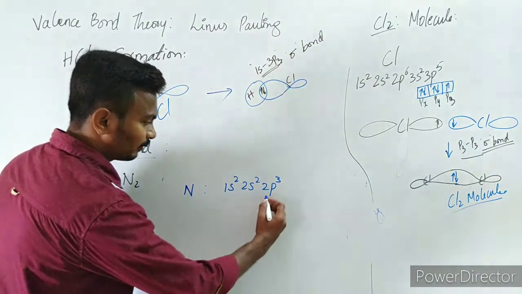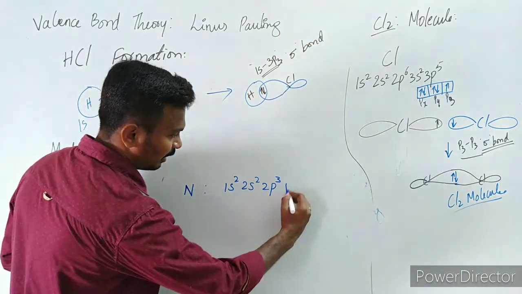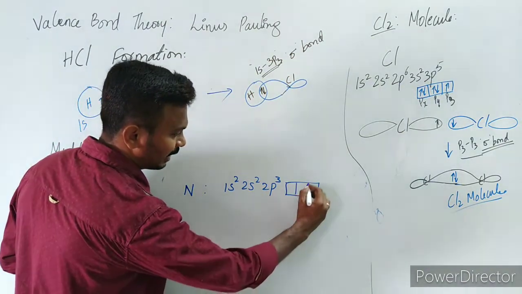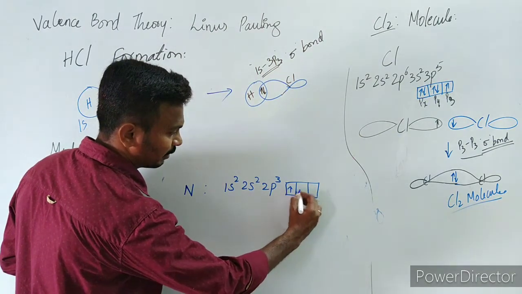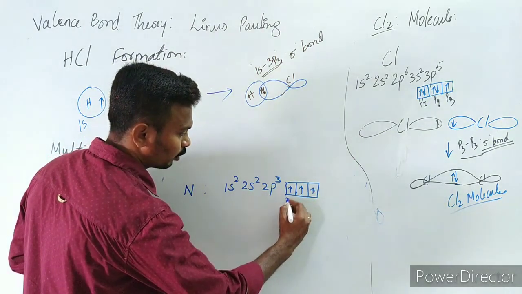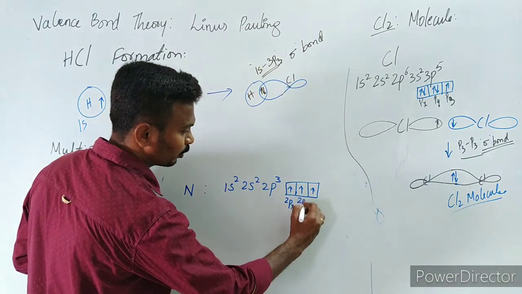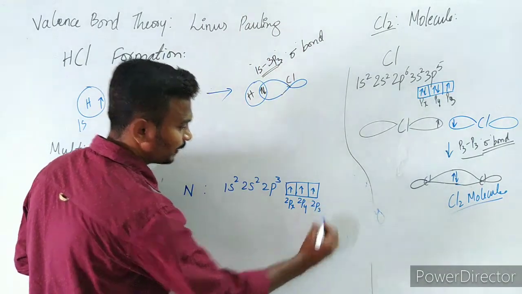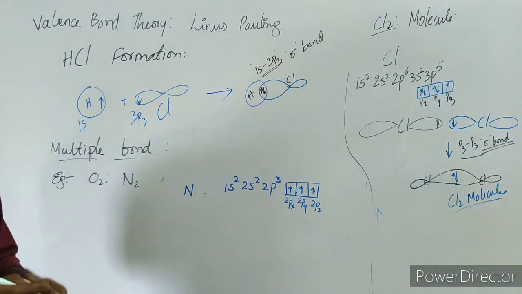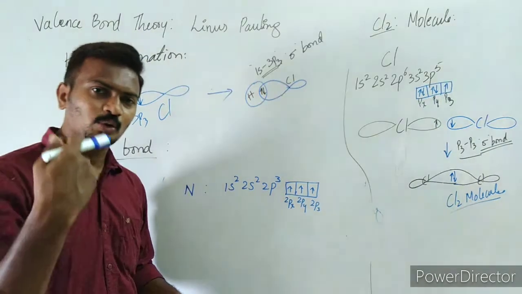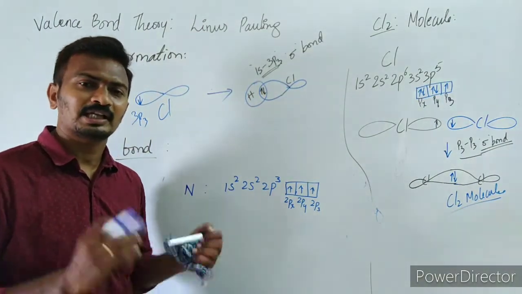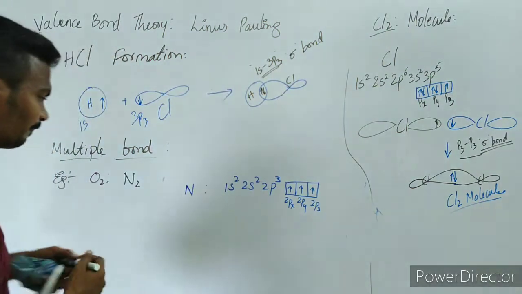Right? See here, this has 3 unpaired electrons in the p subshell: 2px, 2py, 2pz. These 3 unpaired electrons are going to overlap with the 3 unpaired electrons of another nitrogen atom.